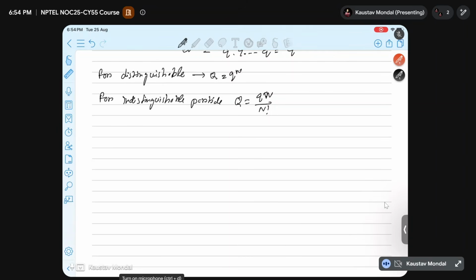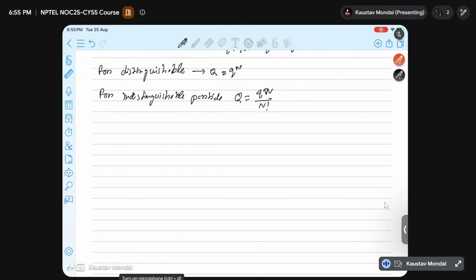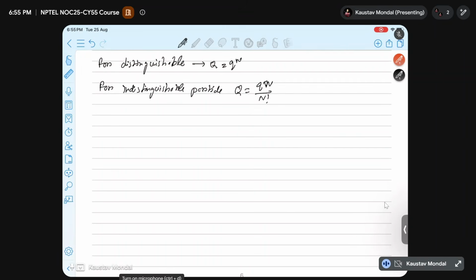The next thing that we're going to discuss is the internal energy. But before going there, let me briefly give an overview of the meaning of distinguishability and indistinguishability.